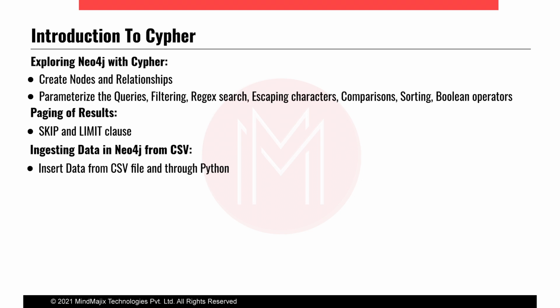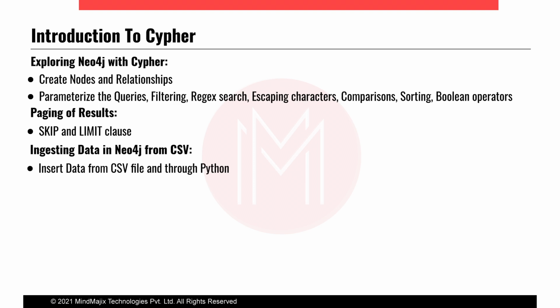Coming to the introduction to Cypher, we address the core of Cypher. We said we are doing data modeling with the Neo4j database, where the pillars are nodes, relationships, and properties. We are exploring Neo4j with the Cypher query language to understand it better: how graphs are built, how nodes are built, and how relationships between nodes are built.